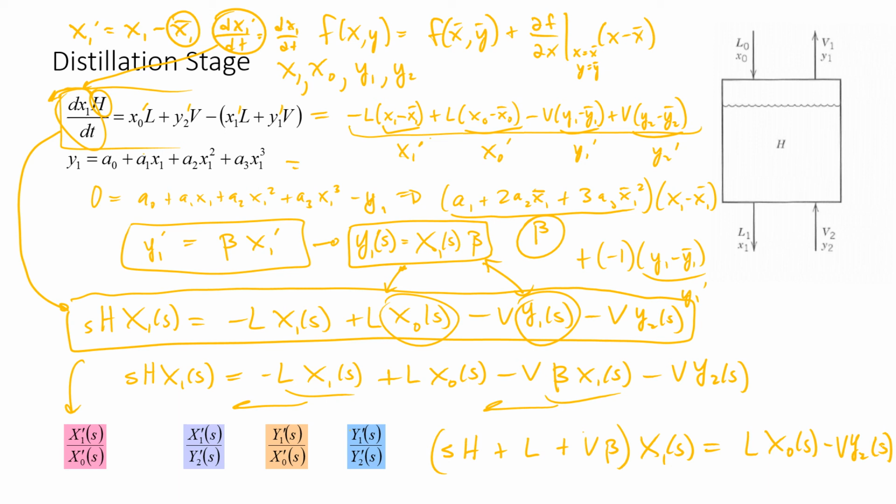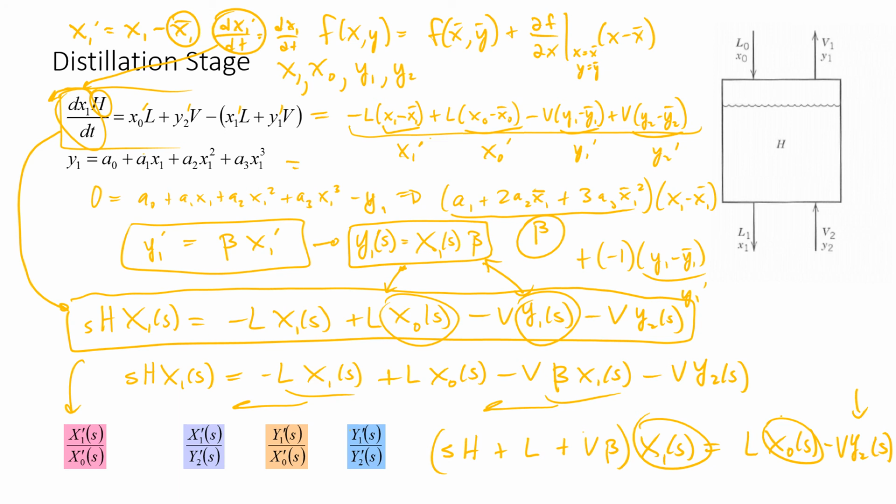To get these transfer functions, I'm going to assume that y2 of s has no change in the inlet composition of the vapor, and then get the relationship between x1 and x naught.